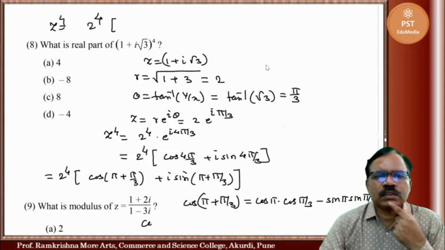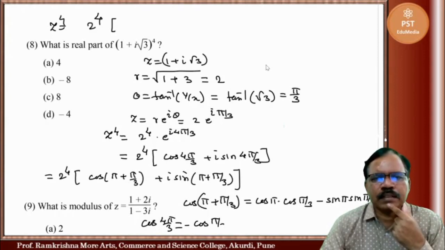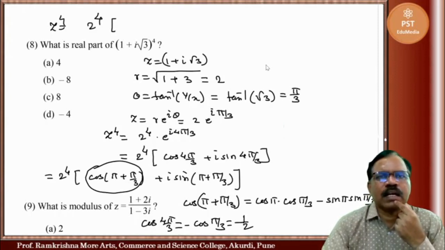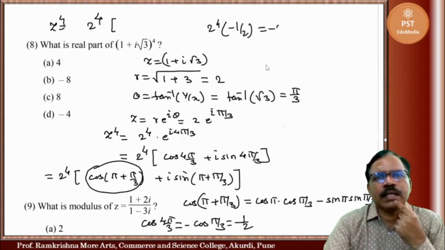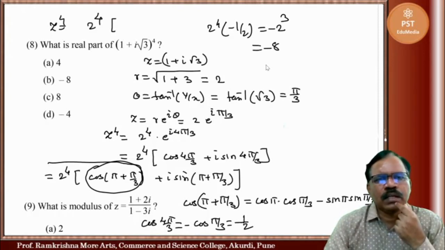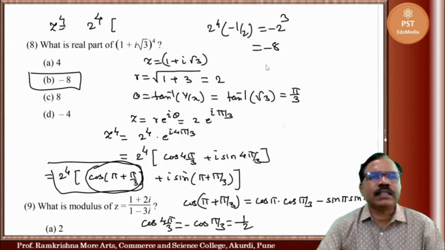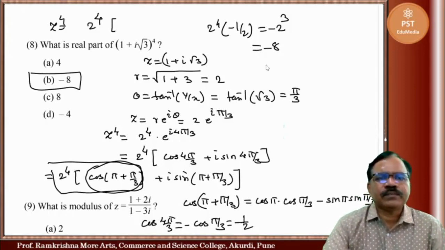So cos 4π/3 is equal to minus cos π/3. Sin π is 0, so it is minus 1/2. So 2 raised to 4 into minus 1/2, so you will get minus 2 raised to 3. So it is minus 8, because this part will give you the real part. So minus 8. Now next one.